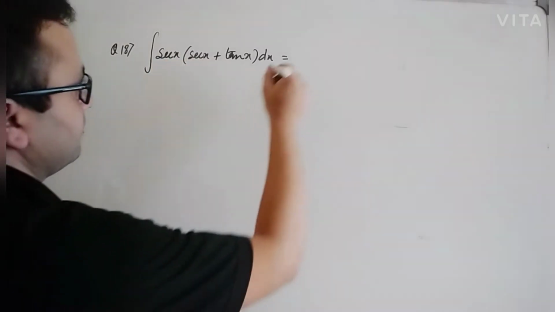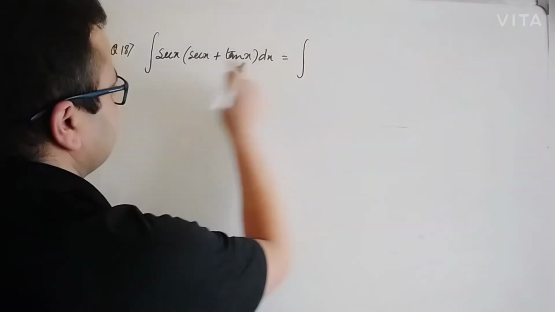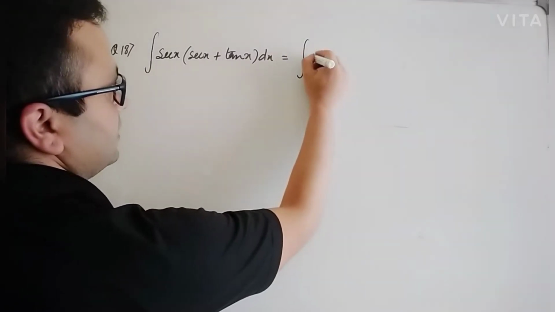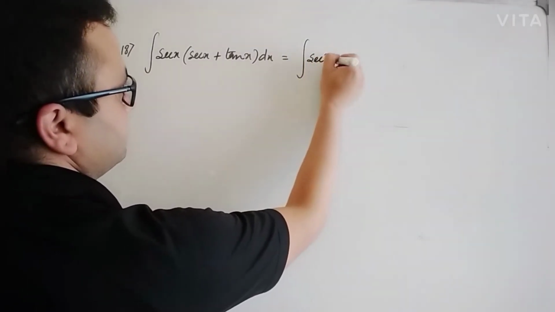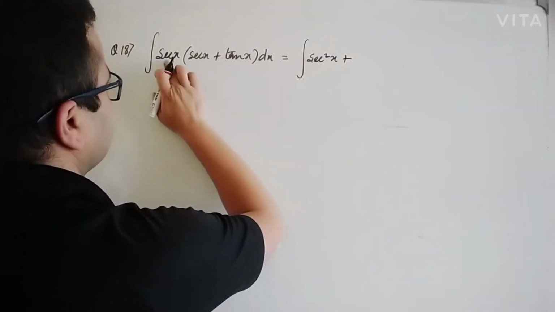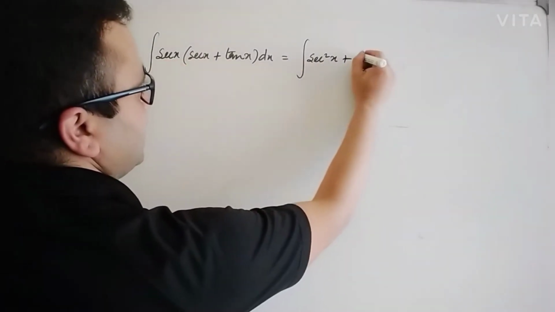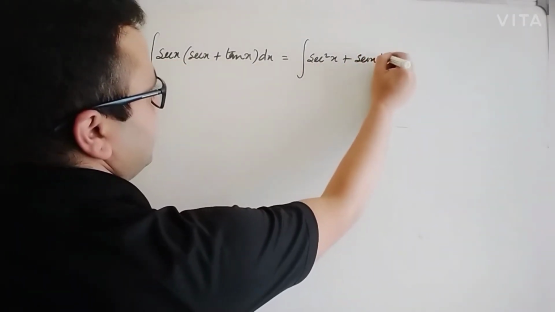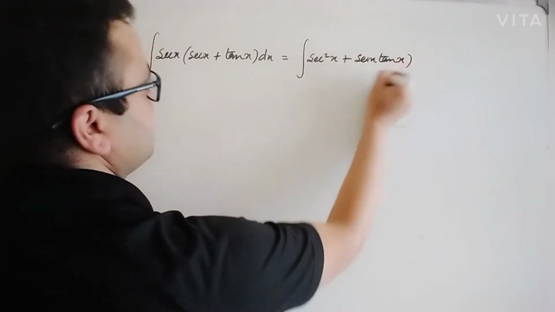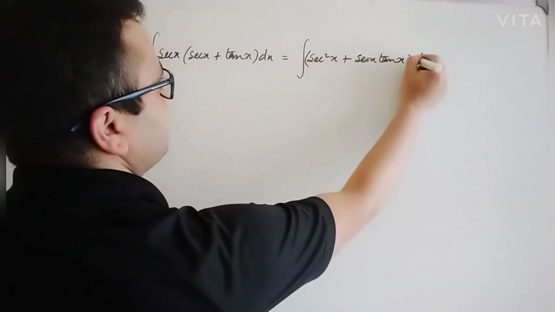So the integration of sec x into sec x is sec square x, plus the integration of sec x into tan x is sec x tan x, dx.